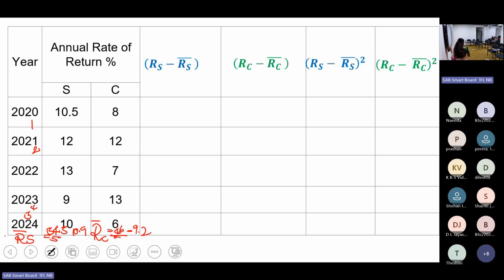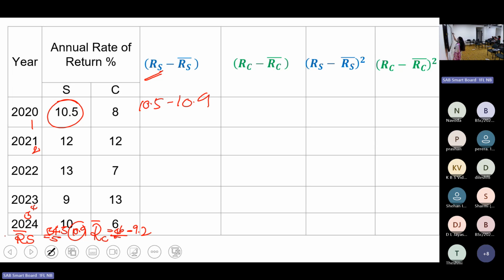Right. So with your knowledge, you can now calculate the standard deviation. What's the first task? The difference between the given return and the expected or average return. So what is the first one? 10.5 minus 10.9.